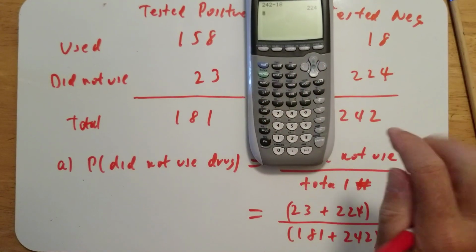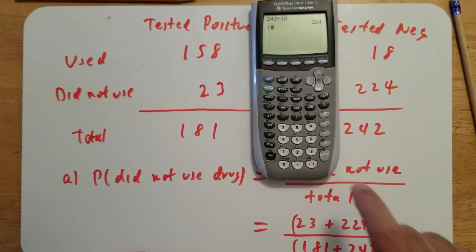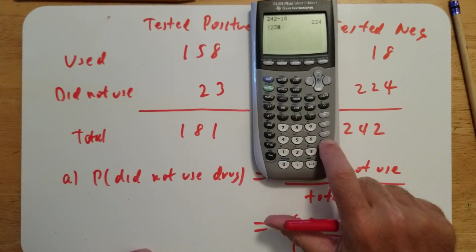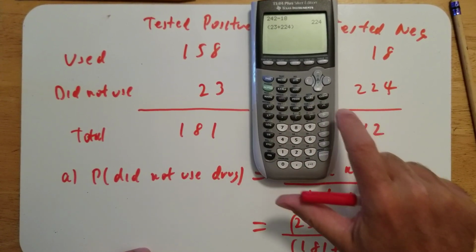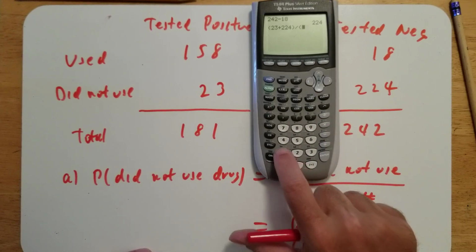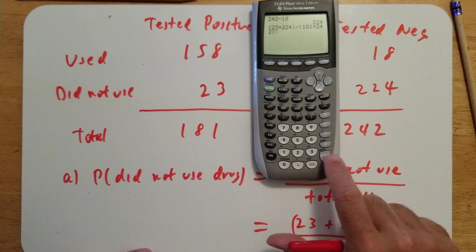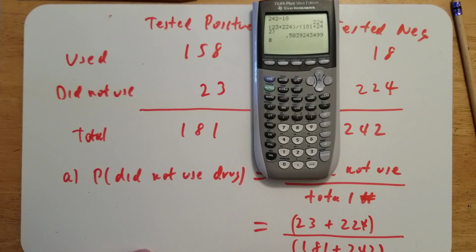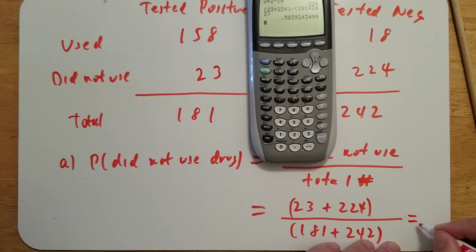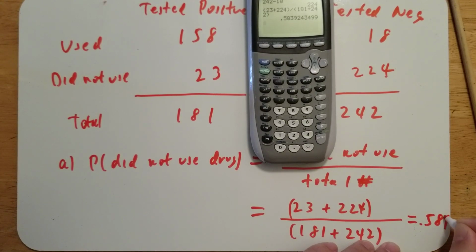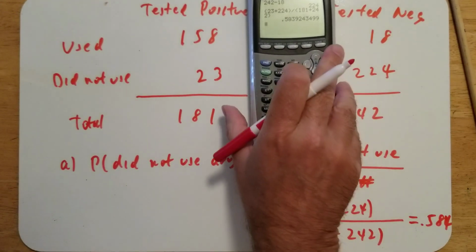I put those parentheses in because you need them when you do this on the calculator. 23 plus 224 is the numerator, the denominator is 181 plus 242, and to 3 decimal places, 0.584.